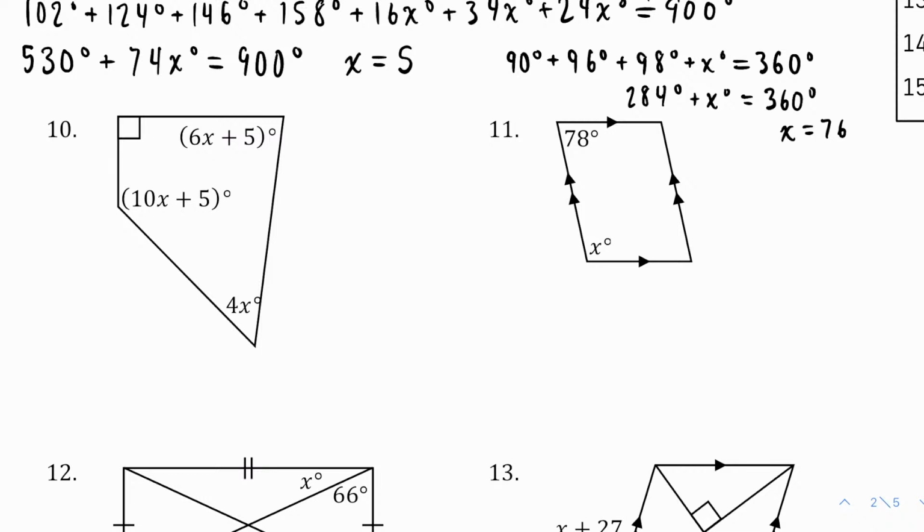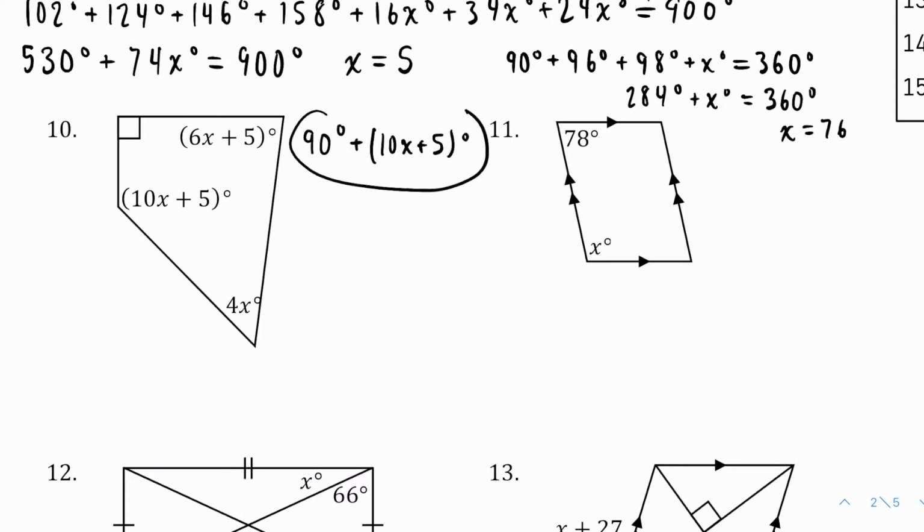Number 10. This is a quadrilateral. I expect you to kind of just know off the top of your head that the angles in a quadrilateral add up to 360. So we're going to do 90. So I'm starting here and working my way around that way. 90 plus 10x plus 5.